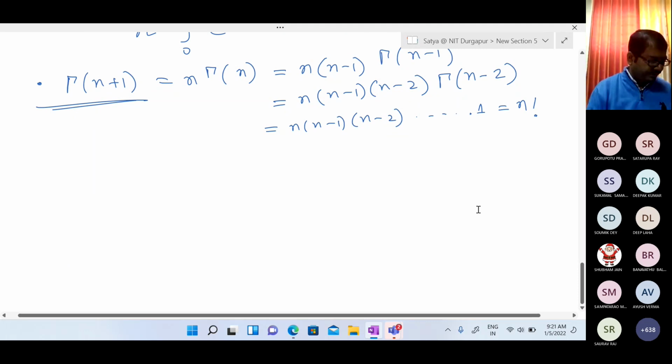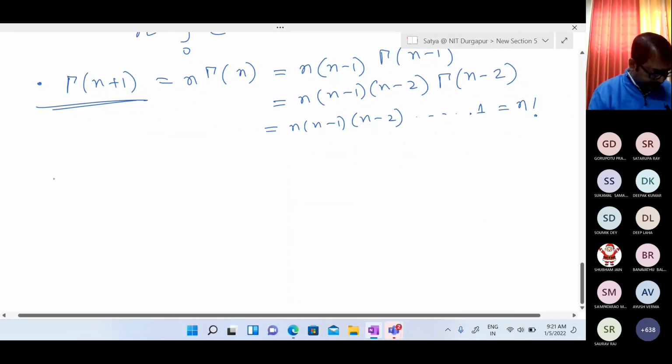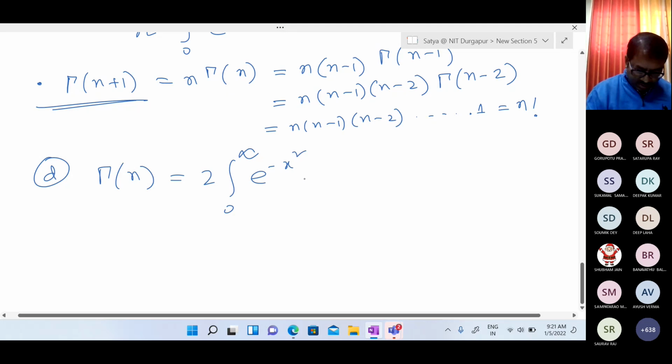Now we are going to prove this property, which is given in assignment number D. Gamma n equals 2 times the integration over 0 to infinity of e to the power minus x square, x to the power 2n minus 1 dx.